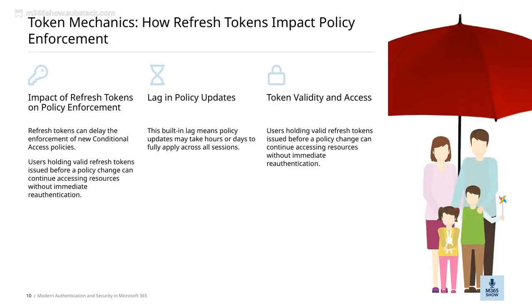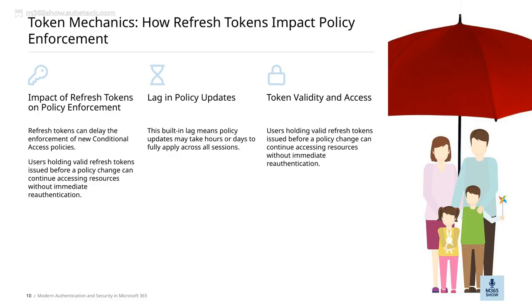Let's talk about how refresh tokens can impact policy enforcement. When users have valid refresh tokens that were issued before a policy change, they can continue accessing resources without needing to re-authenticate right away. This means there's a built-in lag between when a policy is updated and when it actually takes full effect across all sessions. Essentially, it can take hours or even days for these updates to fully propagate.